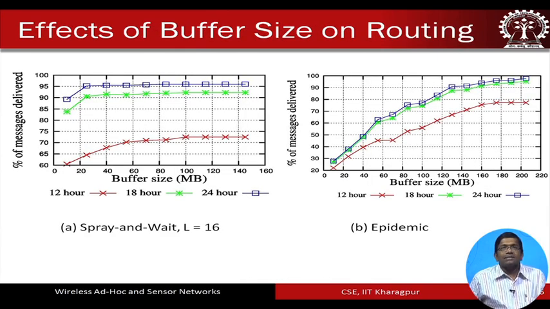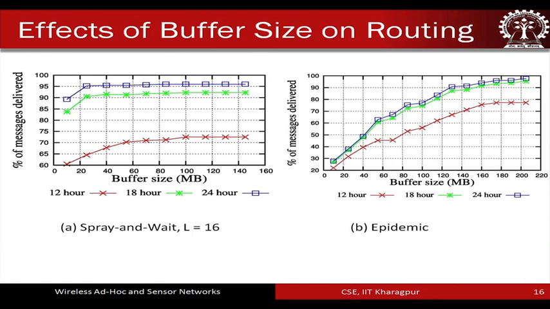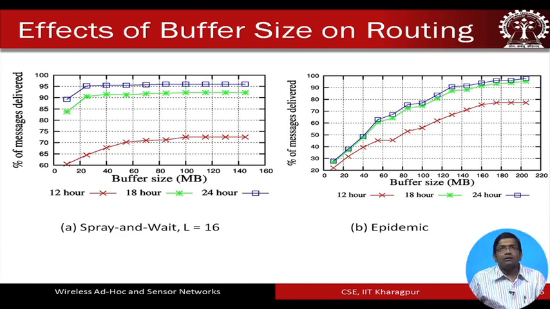This is a comparison of the performance of spray and wait and epidemic. As we can see by looking at these figures, in the case of spray and wait, this is the effect of buffer size on the percentage of messages delivered.